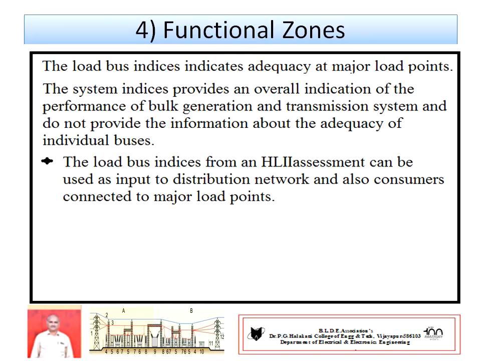The load bus indices indicate adequacy at major load points. The system indices provide an overall indication of the performance of the bulk generation and transmission system and do not provide information on the adequacy of individual buses.